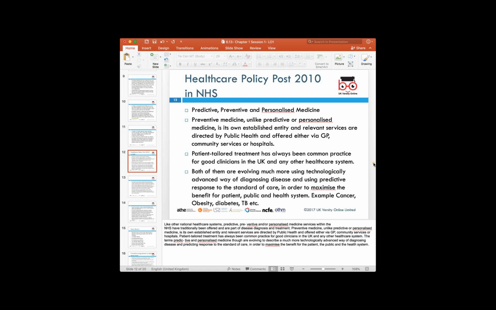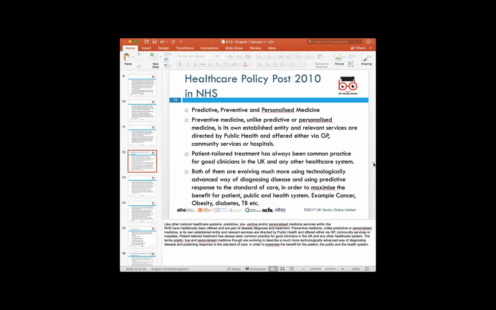When you register at the GP surgery, for example, they take a detailed medical record and your family history. The idea of understanding that is to see if you are susceptible to any particular type of disease or disorder because of your genetic makeup or family background.